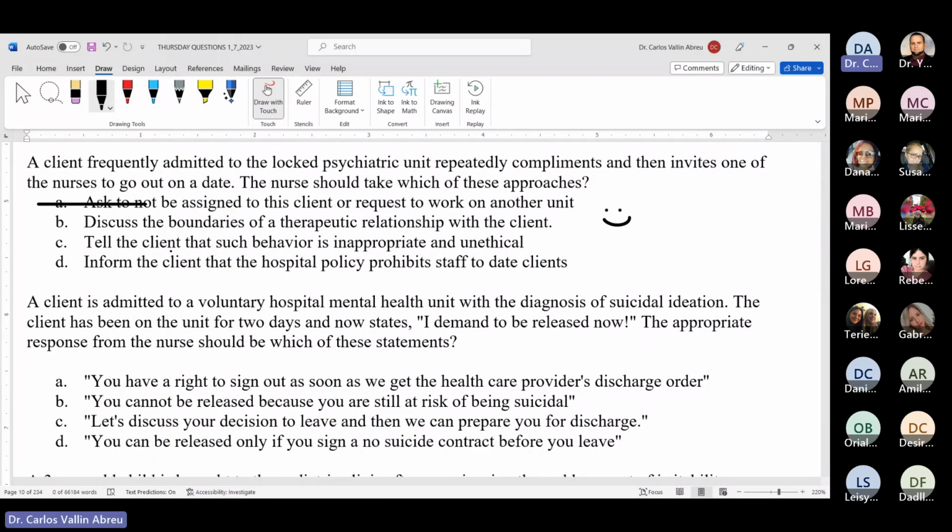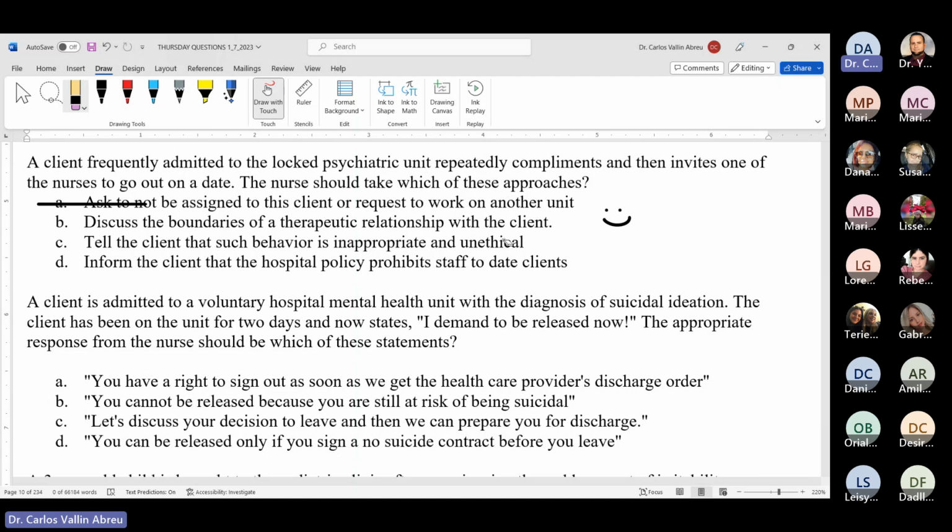Next option: tell the client that such behavior is inappropriate and unethical. It's very stern, no? The client is going to feel very bad. In reality, the client is not committing any crime. The client only likes you, but the client has not been trained in the ethical principles of a therapeutic client-nurse relationship.